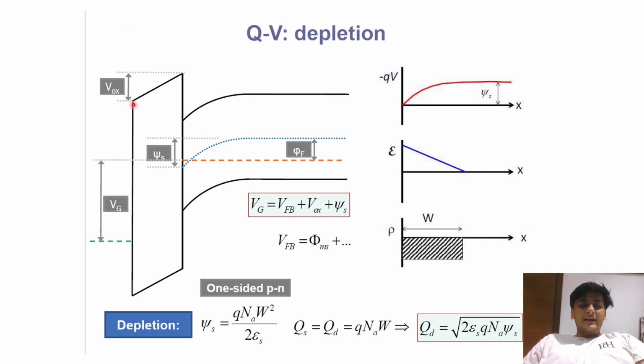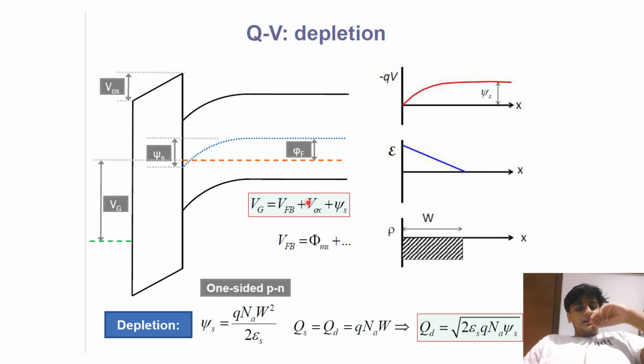So some of that excess voltage is deposited across the oxide in this Vox, and some of this excess voltage is deposited across the semiconductor in psi s. So essentially this delta and this delta is the overhead of the gate voltage above the flat band voltage. So that is what this equation is essentially telling you.